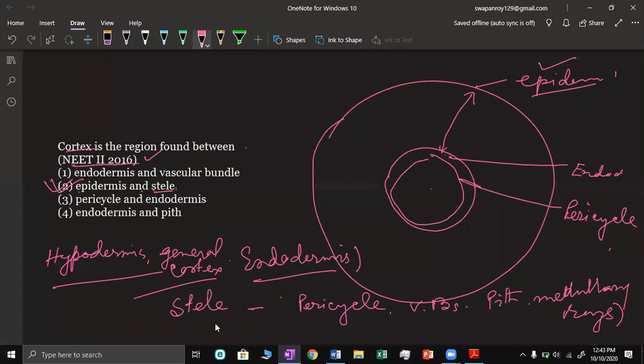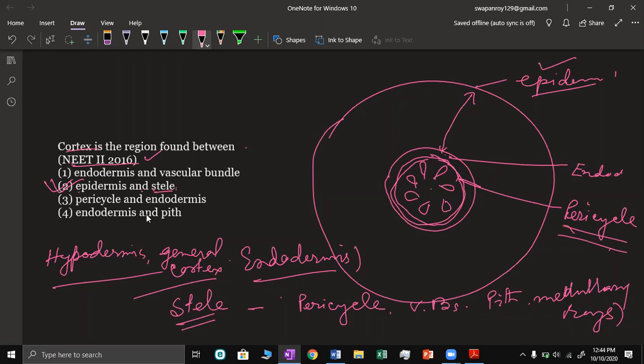This portion is called stele. So stele starts from this pericycle. So pericycle, after that there are vascular bundles. Stele is that central column, which consists mainly of the vascular bundle and is surrounded by pericycle.